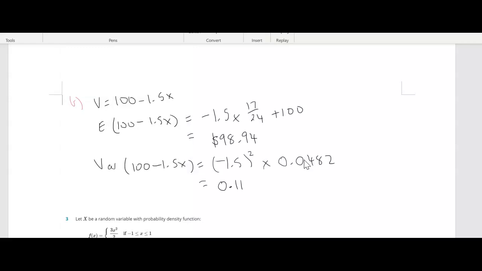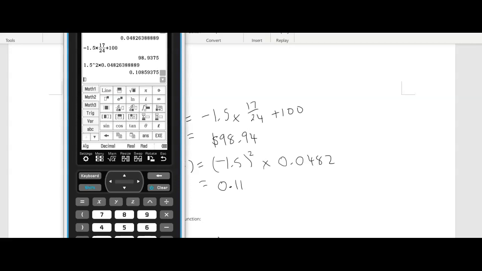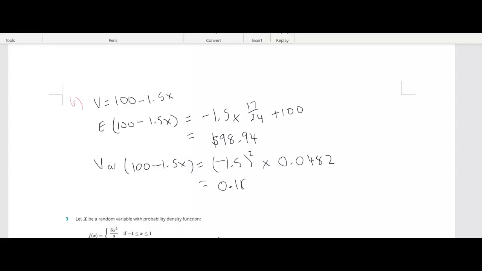Actually, I probably should do a few more decimal places, so 0.108. So your standard deviation, which we use sigma, is the square root of that.